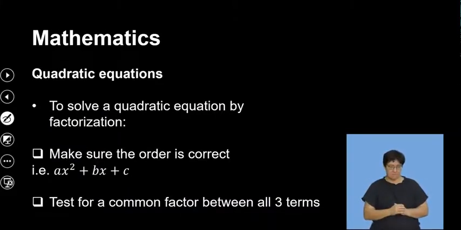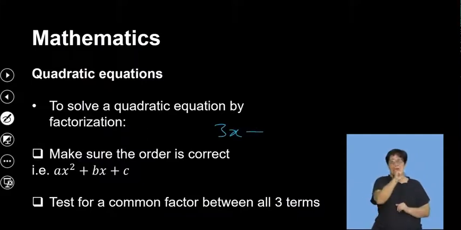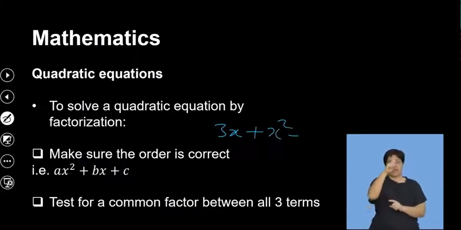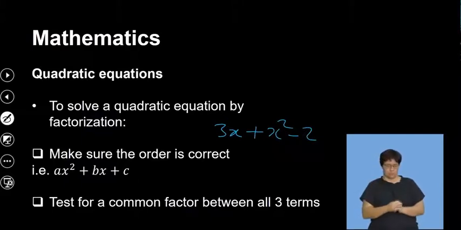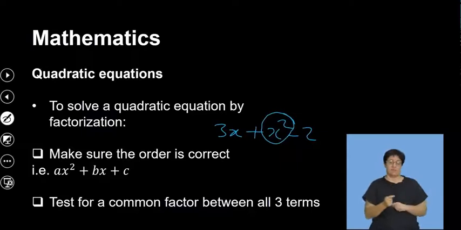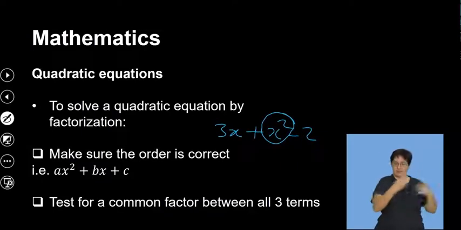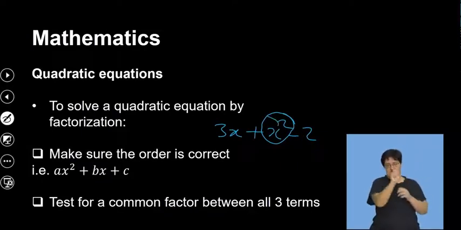Now, to solve a quadratic equation by factorization, one thing you need to make sure of is that the order is correct. At times I will give it to you, maybe let's say as 3x plus x squared minus 2, right? As soon as you see something like this, you first need to make sure that the x squared is the leading term. When I say leading term, I mean that it must be the very first term, and then the rest of the terms continue.